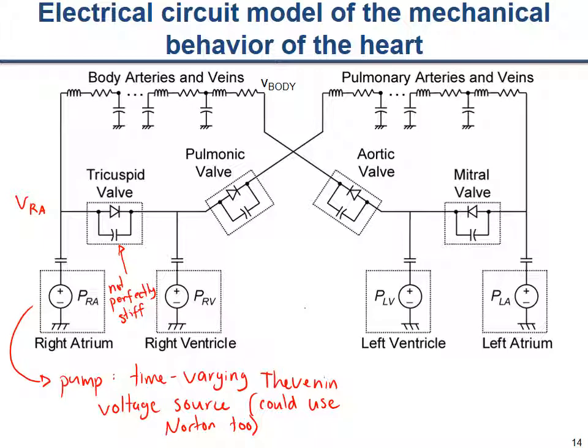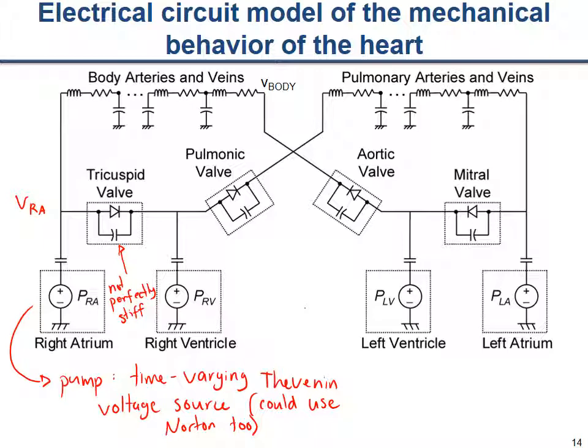We model this by a capacitor: a certain amount of charge has to develop across that capacitor before the diode turns on. So the right atrium will pump once there's enough energy, or in this case voltage, developed across it. It goes through the valve and starts to fill up the right ventricle.